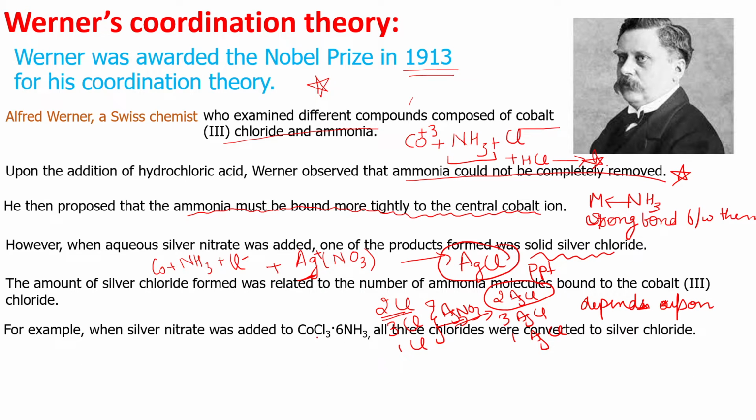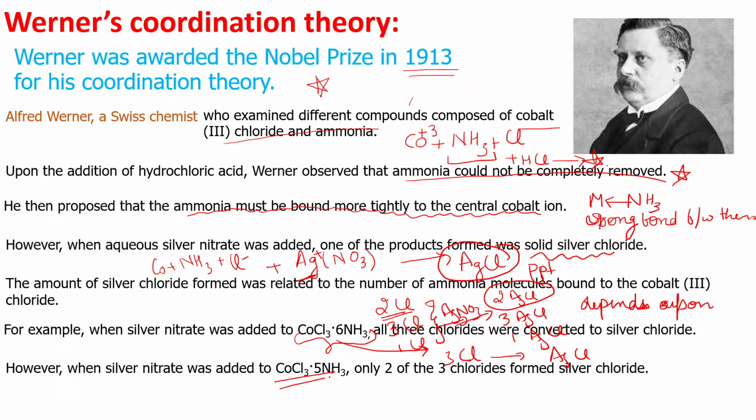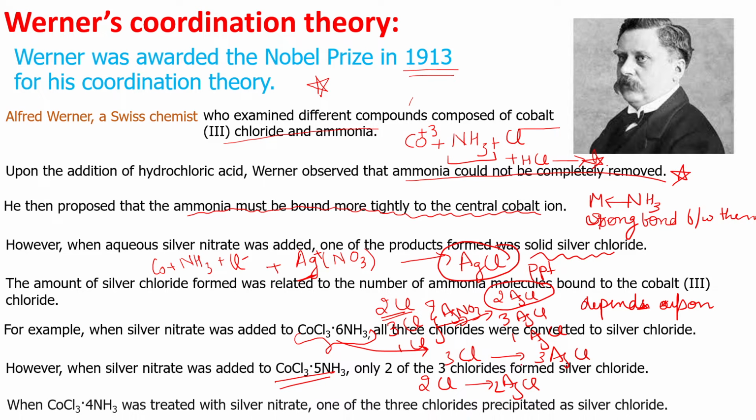For example, if we consider cobalt chloride with 6 ammonia, then all 3 chlorides were converted into AgCl. But for cobalt chloride with 5 ammonia, only 2 chlorides were outside as a precipitate. Why is it so? We'll understand this in the next slide.